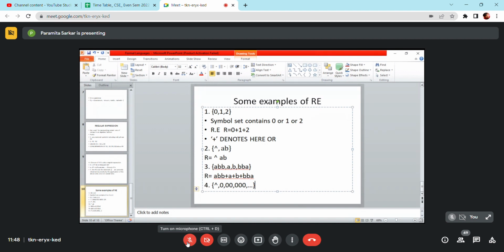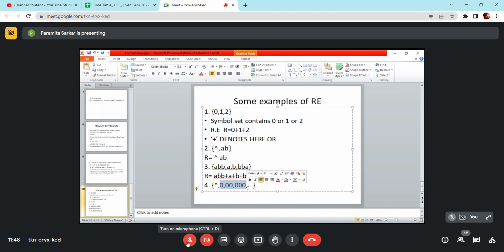So we have null in this example 4, along with any number of zeros put together. It is called closure of 0, because we can form any string with any number of zeros put together.